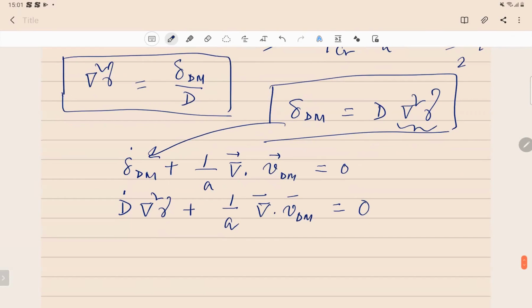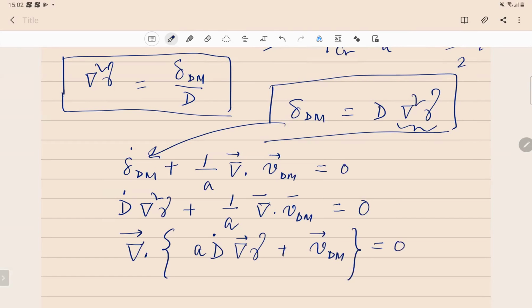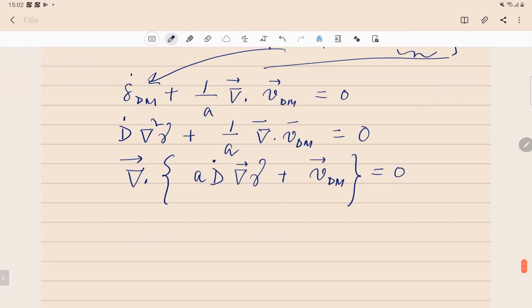So you can take one of these Laplacian operators outside, and then you have basically divergence of A D dot grad of gamma plus V. Great. Which means we have constructed a vector field which is divergence free.